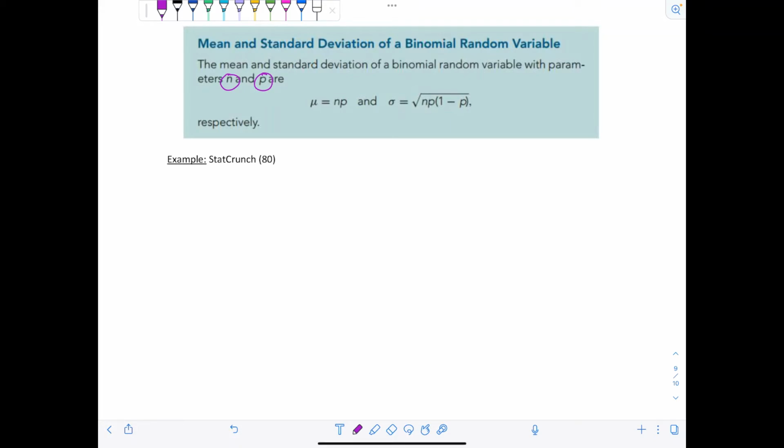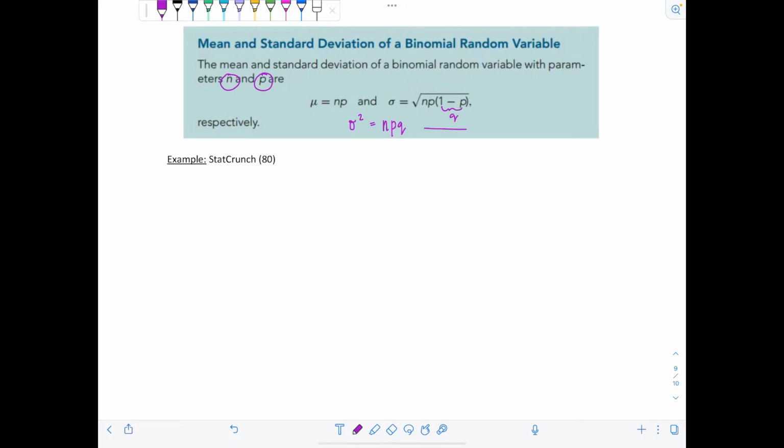If you need to find the mean, mu, it's equal to n times p. So you just multiply them by each other. And then the standard deviation is the square root of np times 1 minus p. Another way I like to think of it is that the variance, sigma squared, is npq, because remember, 1 minus p, that's the same as q.